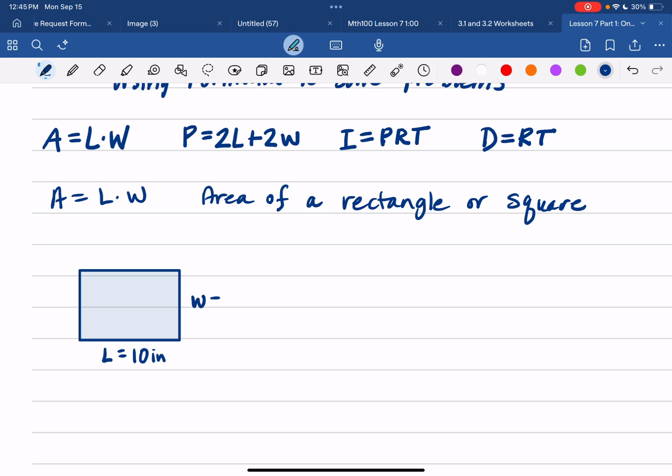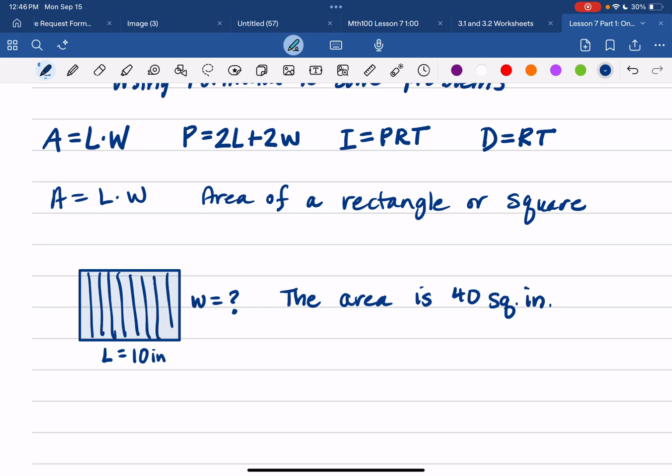And the width, I don't know, but I do know the area is 40 square inches. Remember that area is always measured in squares. So in other words, what I would be doing is trying to figure out if this is 10 long, pretend that's 10, how many squares would it take to cover the surface of that thing?